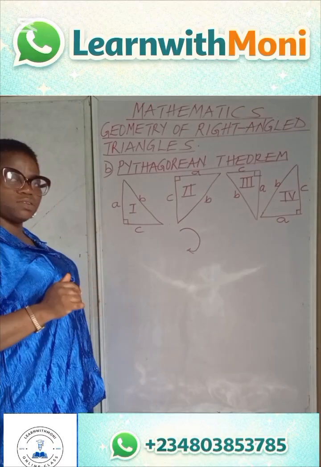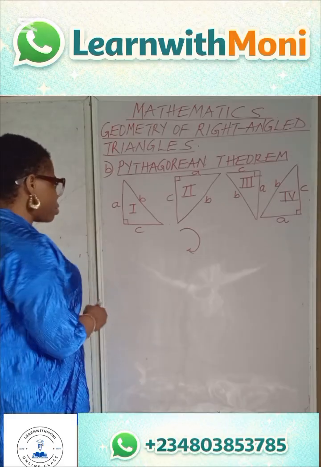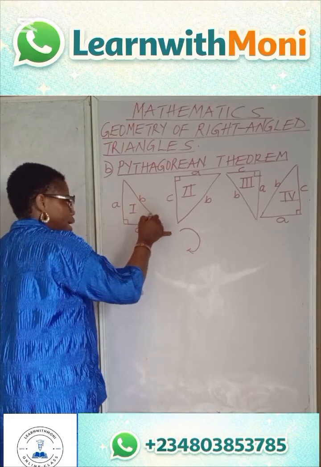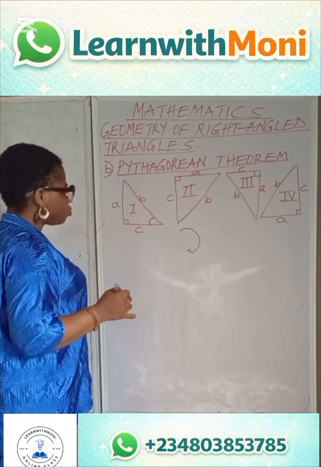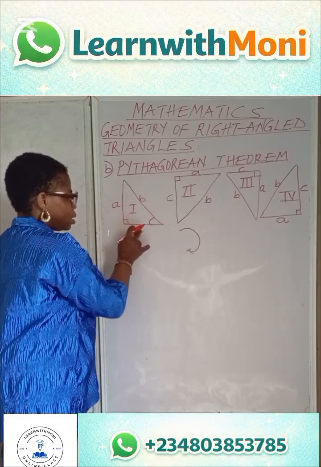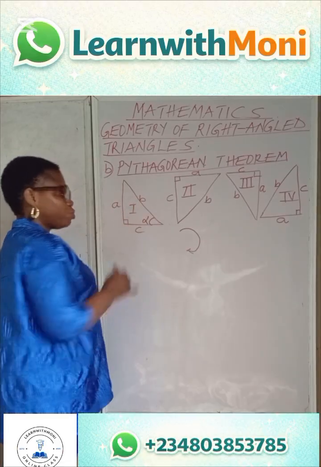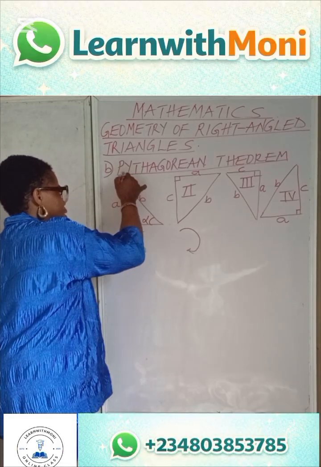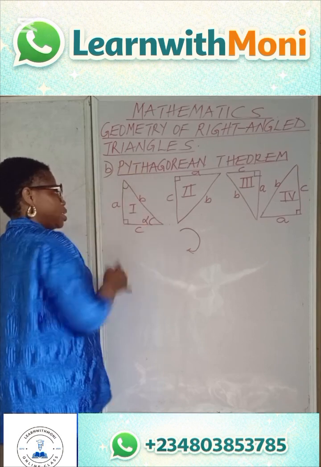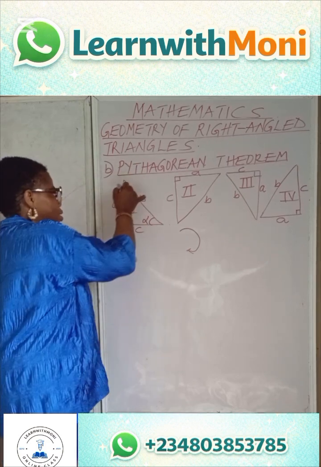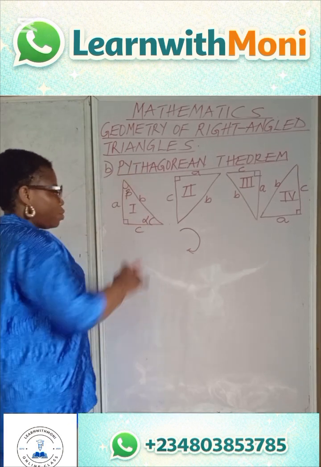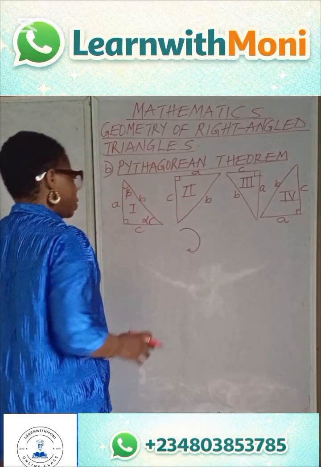And looking at all these right-angled triangles, I want to name the angle between B and C alpha, and name the angle between sides A and B beta. So let us consider the rotation.